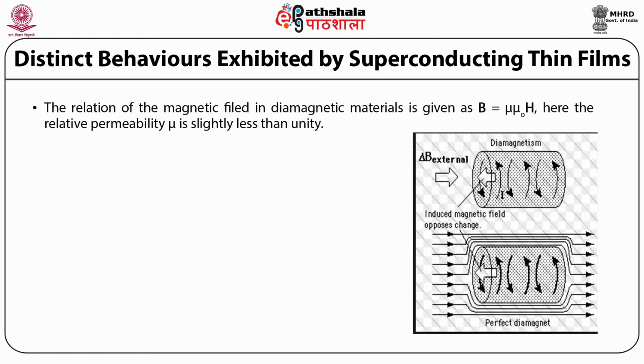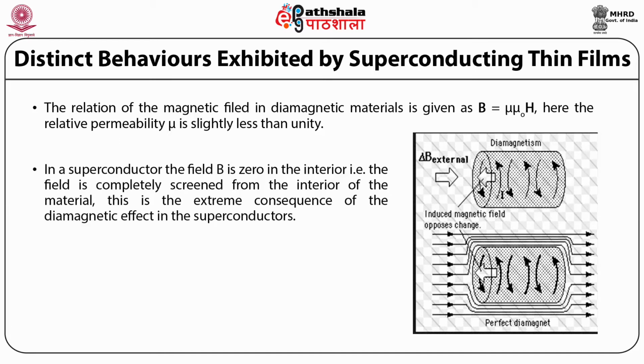The relation of the magnetic field in diamagnetic materials is given as B is equal to mu naught H. Here, the relative permeability mu is slightly less than unity. In a superconductor, the field B is zero in the interior.